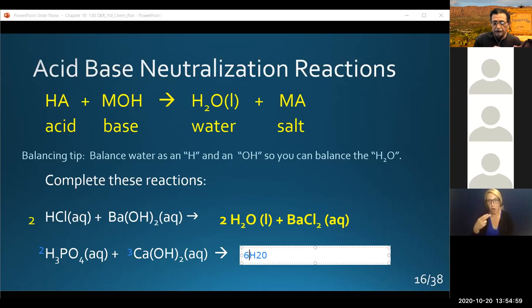If I got 6 frames and 6 tires and I assemble them, I'm going to make 6 assembled unicycles. The same scenario: if I got 6 protons and 6 hydroxides, I'm going to make 6 waters. It's a 1-to-1 relationship.